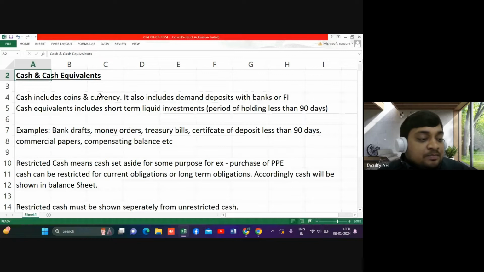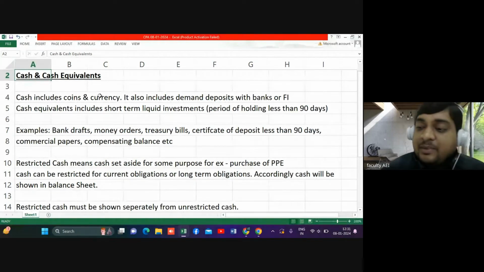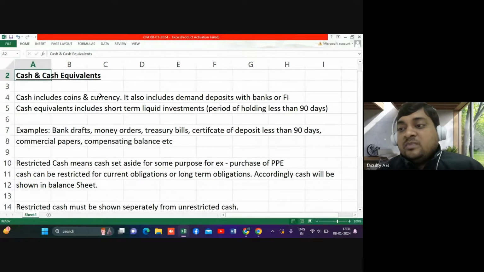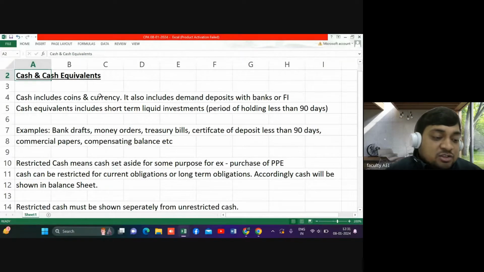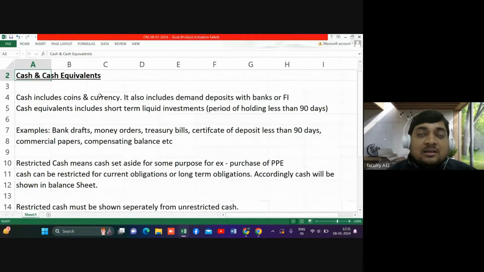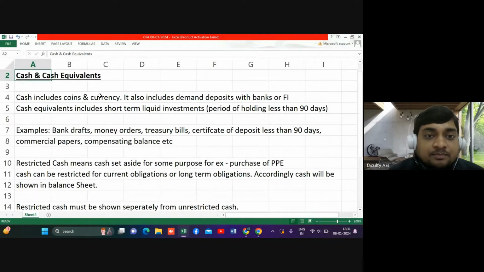Compensating balance, basically it's a balance kept by the borrower against some financing arrangement, right? Basically, you can call it a collateral kept by the borrower, right? So these are a few examples of your cash and cash equivalent.